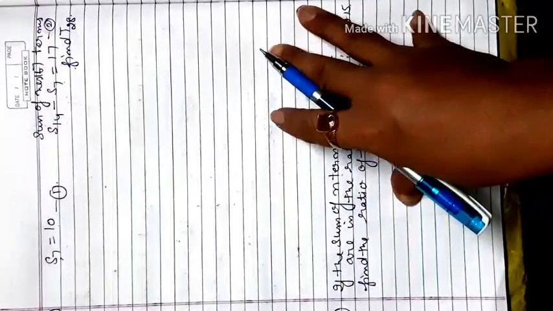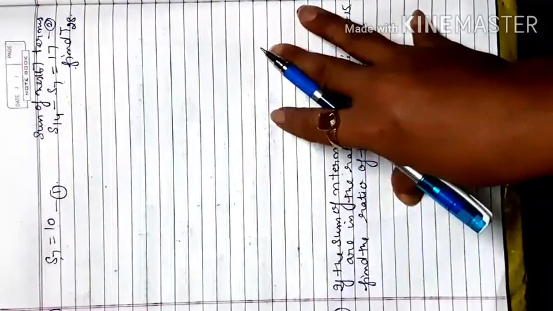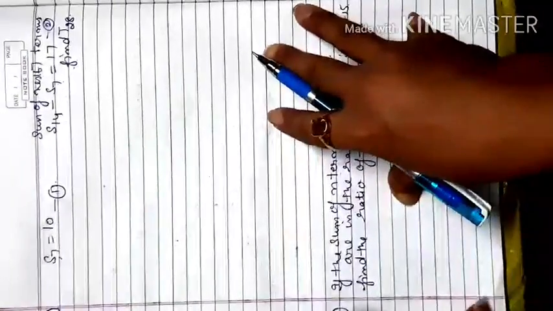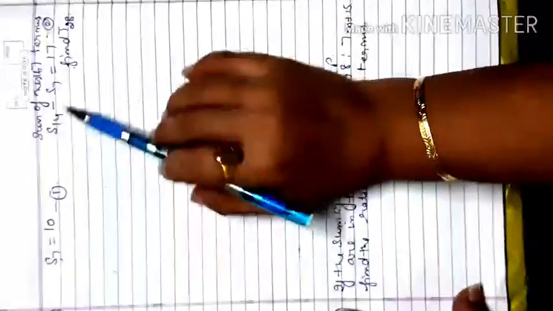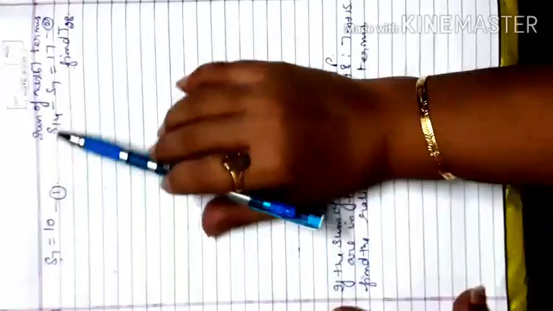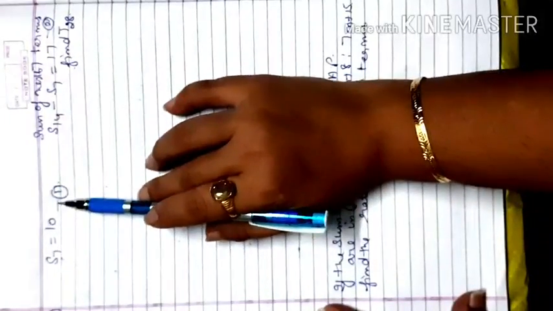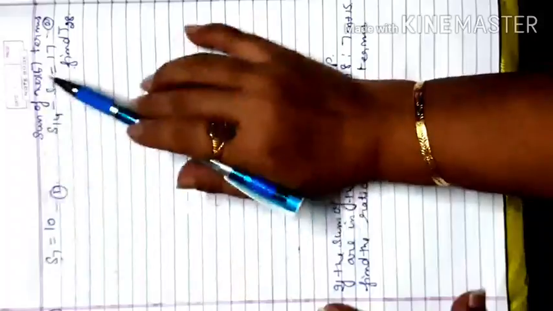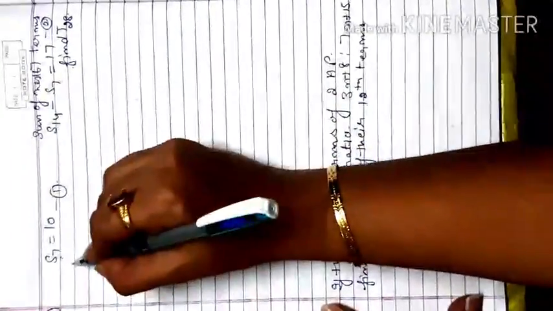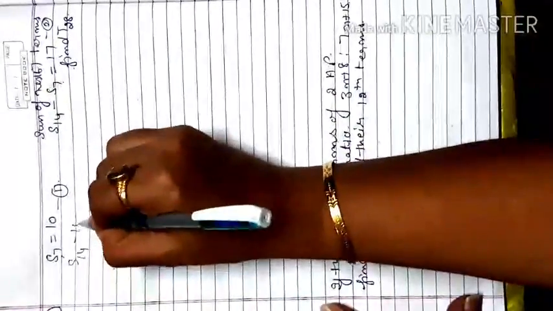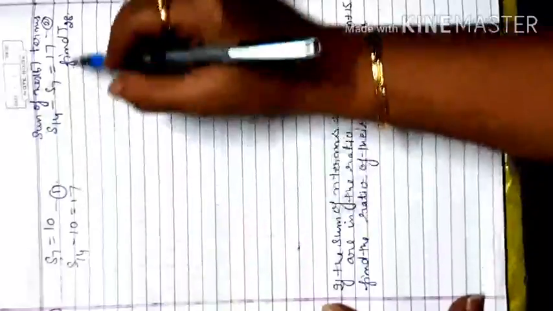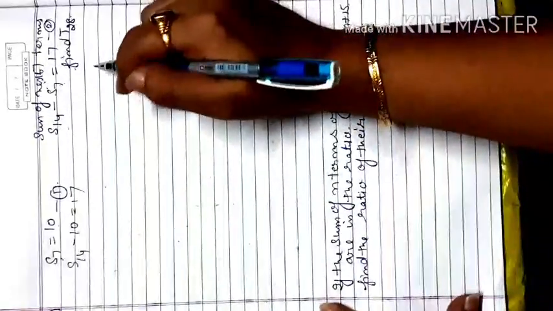So this is your second equation, and you have to find the 28th term value. For finding the 28th term value, you need the first term and the common difference. So we will make two equations from that and solve simultaneously. Suppose I take the first equation, S7 is equal to 10. First I will substitute here, in place of S7 it is 10. Then S14 minus 10 is equal to 17. Why do I write S14 minus 10?